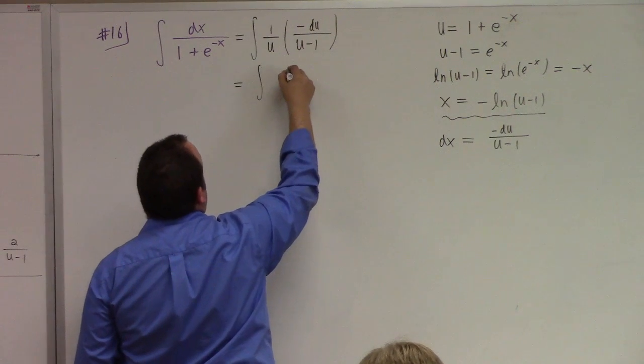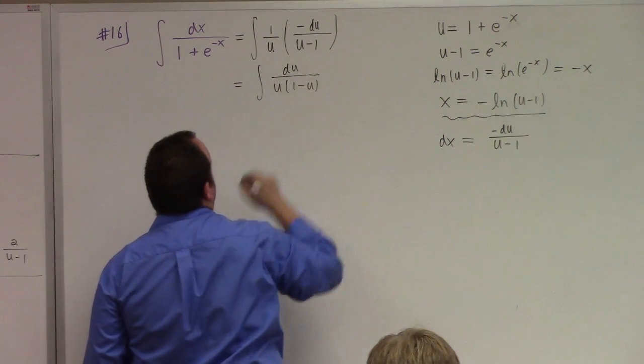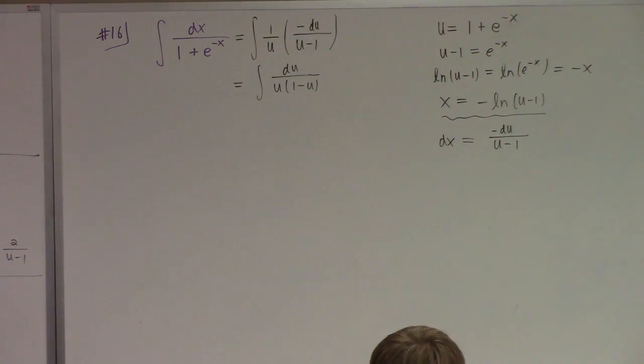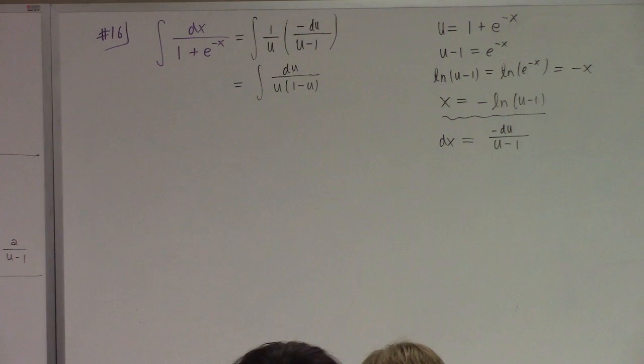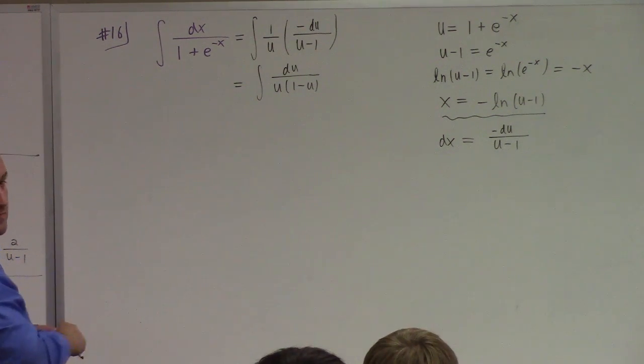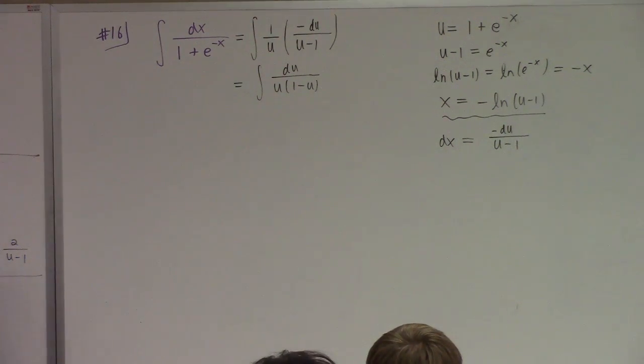This is the integral of du over u times 1 minus u. Great, we can do that. We can integrate any rational function of u. We know partial fractions. So how do we do this? I absorbed the sign into the denominator, but thank you.